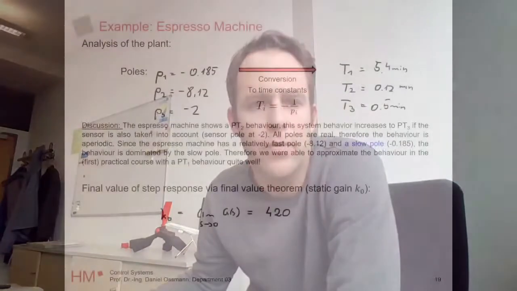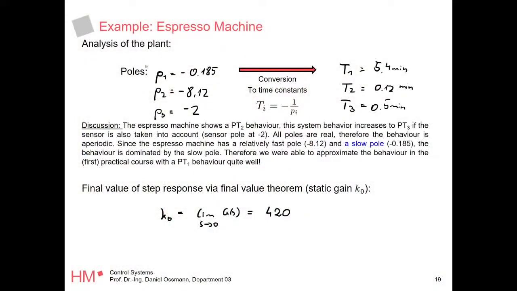One of you figured out that the resulting system of the espresso machine in the open loop, so without controller, is a PT3 system. We said we have 3 poles, and these poles are all in the left half plane.